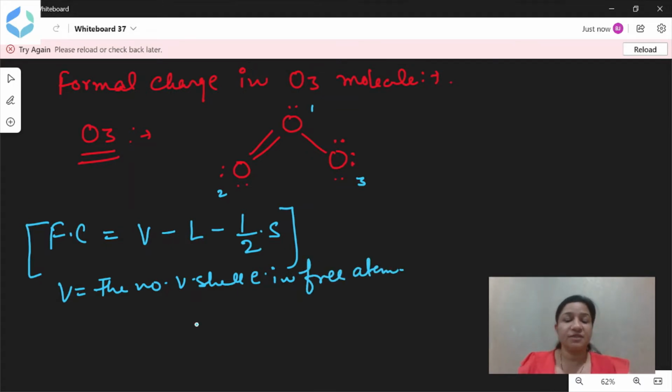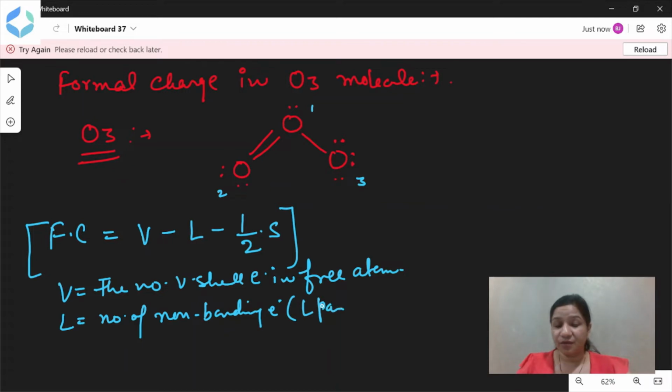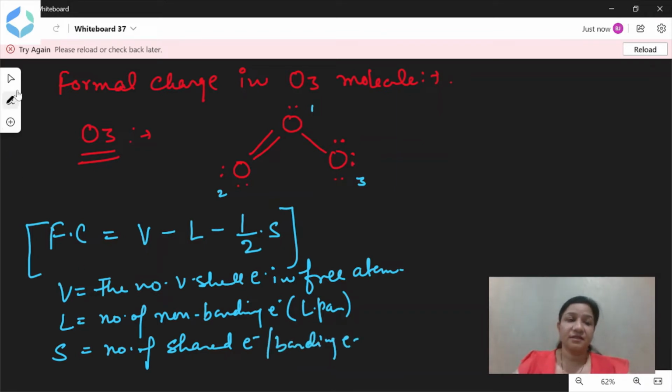Whichever atom's formal charge you are calculating, you count its total number of valence electrons. L represents the total number of non-bonding electrons, or you can say the lone pair electrons. And S represents the total number of shared electrons, or you can say bonding electrons.